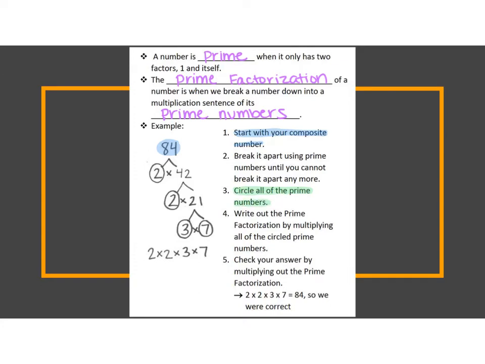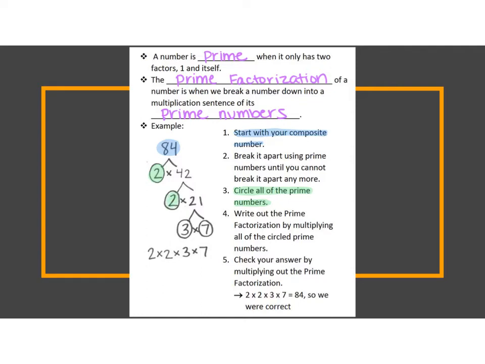In the example to the left, we broke 84 down. We can multiply 2 times 42, and that equals 84. 2 is a prime number, so it is circled. 42 is a composite number, so again I have to break it down. 2 times 21 equals 42.